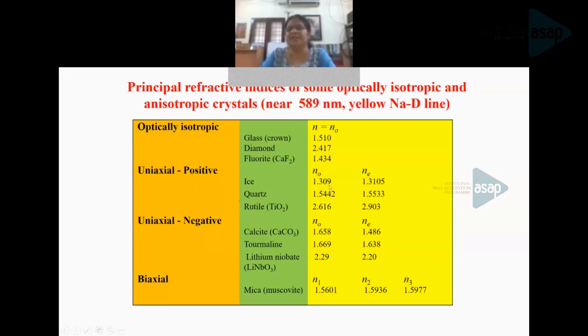Therefore, its refractive index is less than that of the extraordinary ray. In the negative crystal, it is reversed. And in the case of biaxial crystals, you know that there are two optic axes. So one more additional refractive index will be there for such crystals. So in addition to two, one more is there.